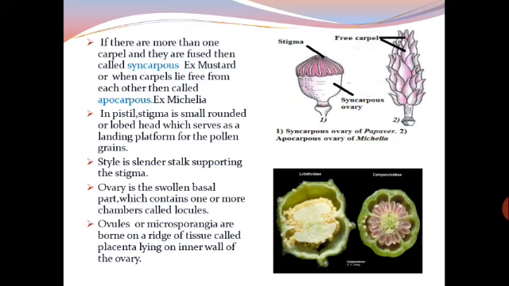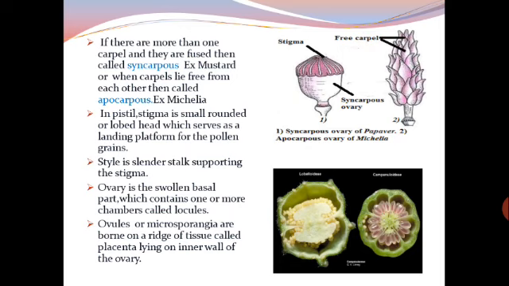Ovary is the swollen basal part which contains one or more chambers called locules. So the basal bulged part of the pistil is the ovary. Inside the ovary is the ovarian cavity or locule.